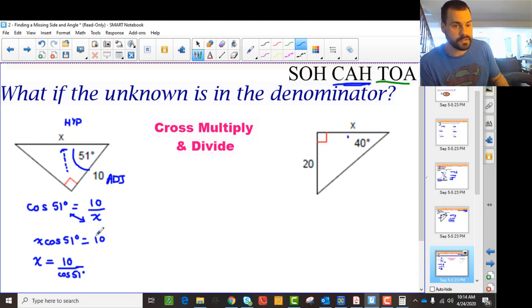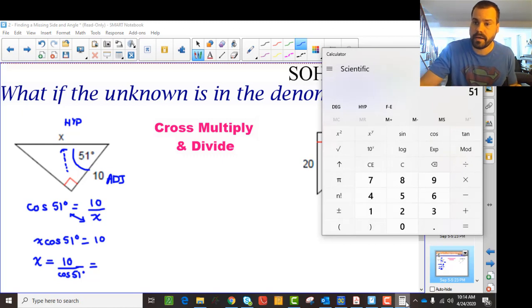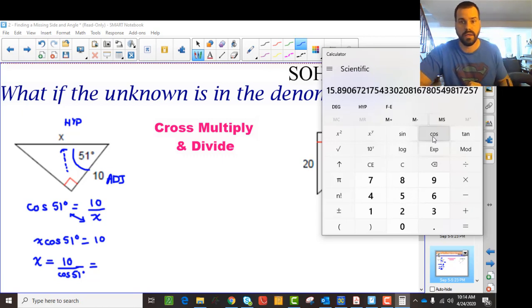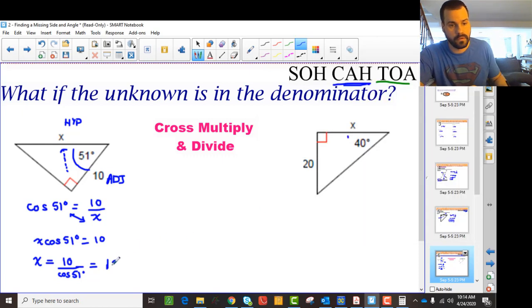So if x is in the denominator, you divide by the trig function. So what we're going to do is we're going to take on my calculator the cosine of 51, and it gives me 0.6293, and then I'm going to take 10 divided by that 0.6293, and it's going to give me 15.9. Okay?